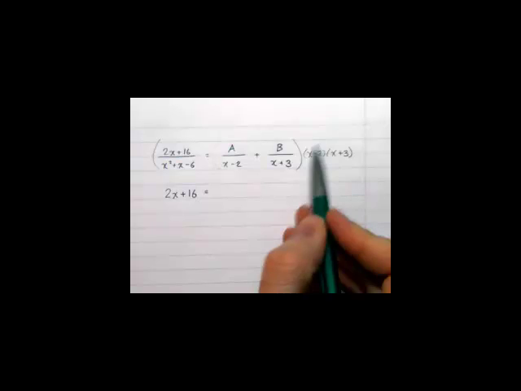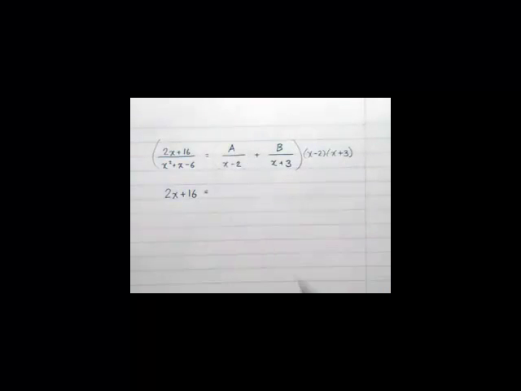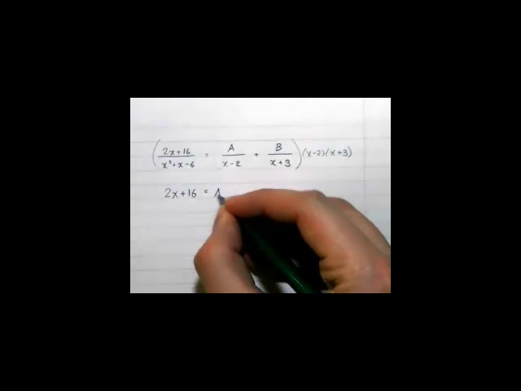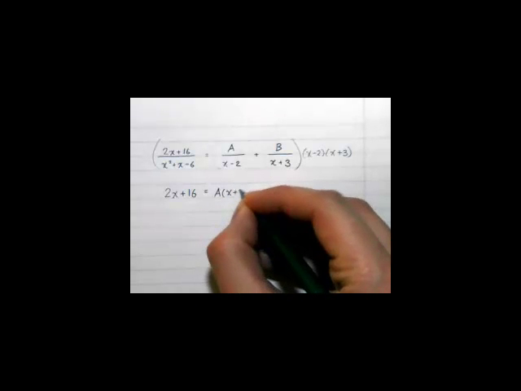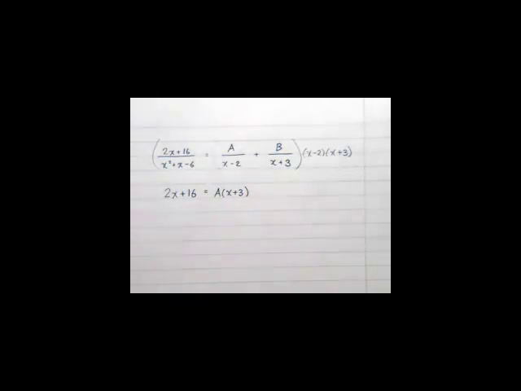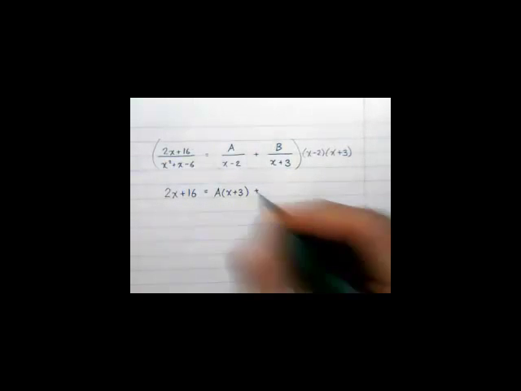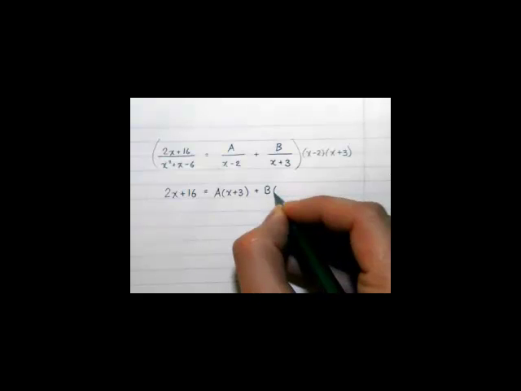Okay, if I multiply this by a over x minus 2, what do I have? Times the a still, right? What about the next one? B times x minus 2.